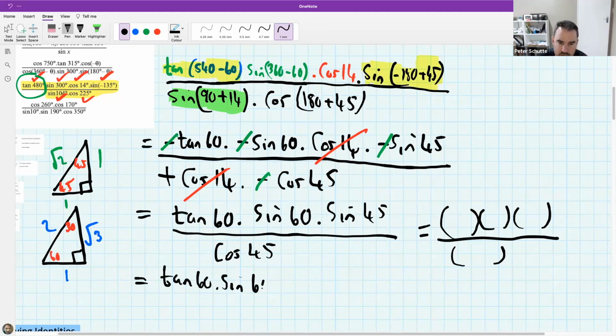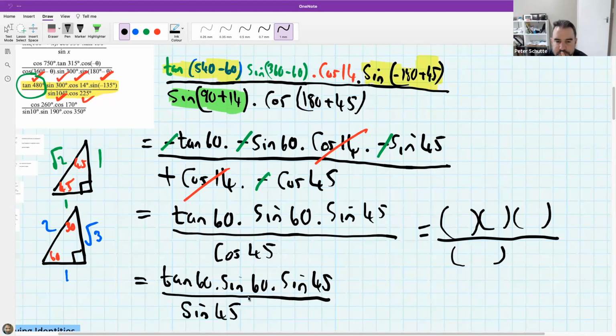I'll give you a moment to think about that. What can we reduce the cos of 45 to? I think it can be written as the sine of 45. Yes. And that's awesome because now I cancel that out.